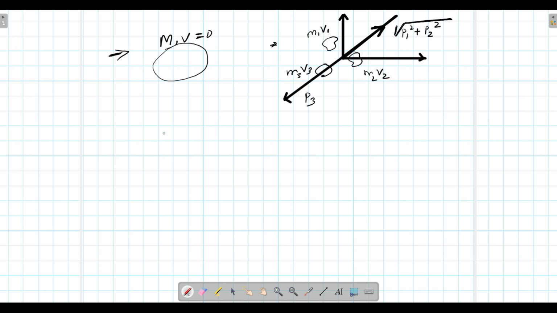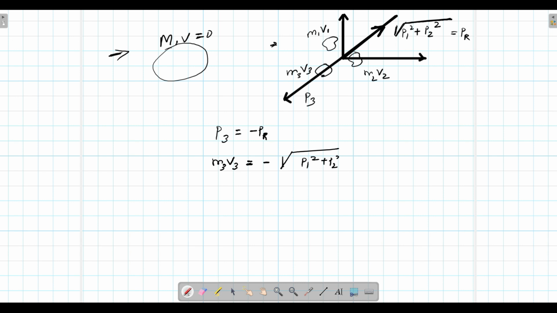So here we can write p3 equals minus pr. p3 equals m3 v3 equals minus pr, which equals root over p1 square plus p2 square.